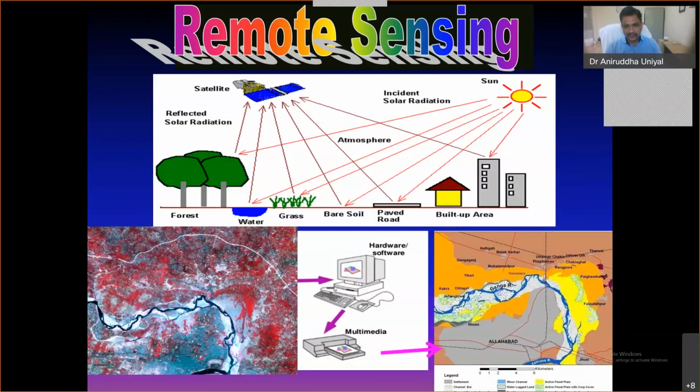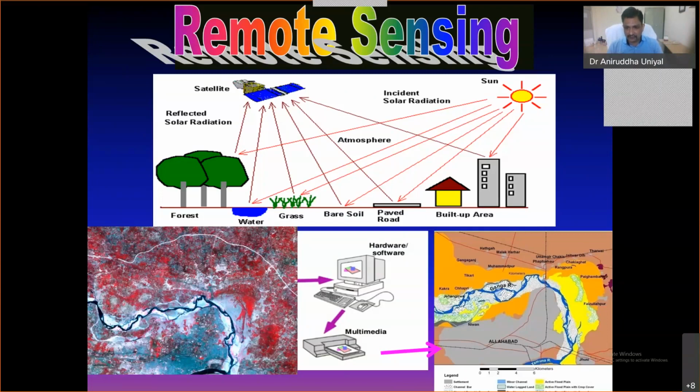Our eyes to some extent do the same thing, because we can see the objects or features with our eyes. Then the question arises, why is remote sensing required? Because human eyes have certain limitations, and beyond those our eyes can't see. So remote sensing can see through those regions of the electromagnetic spectrum through which our eyes can't see.